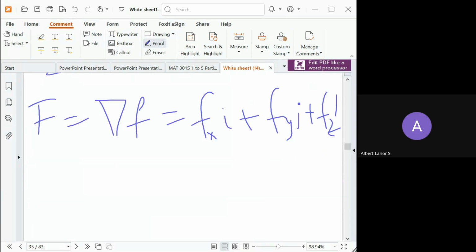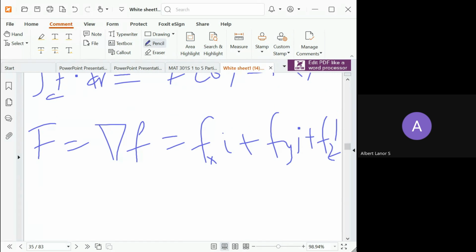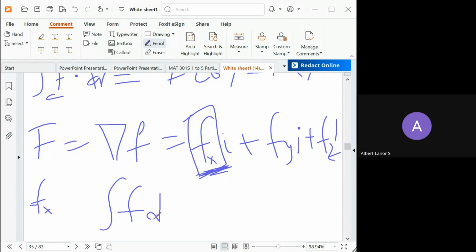So what we are actually finding is the F. Now, to find the F, if you take the first term here, that first term is f_x. So if I have f_x and I want to find f, I'll have to integrate the function with respect to x. Then I'll get the f.